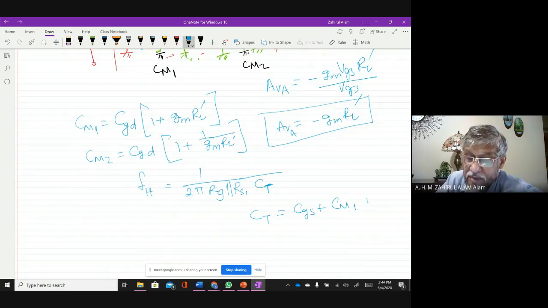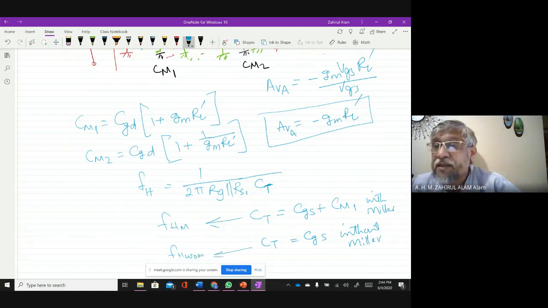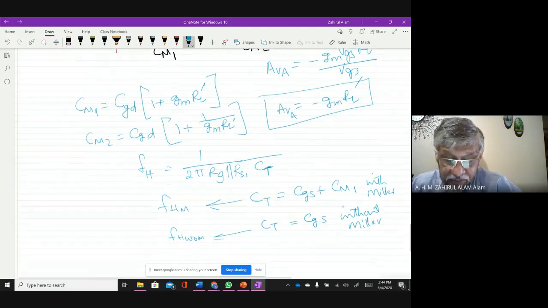So this is with Miller, and CT is equal to CGS without Miller. So from there you can find FH with Miller, and FH without Miller. Correct?